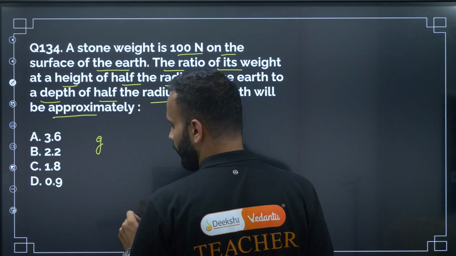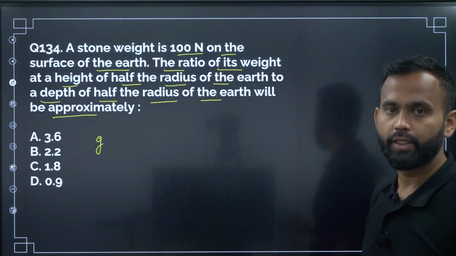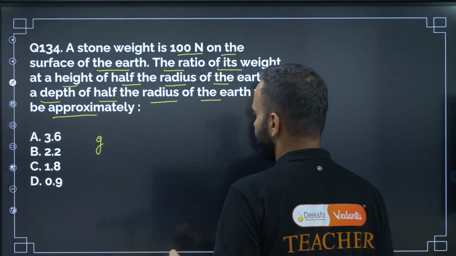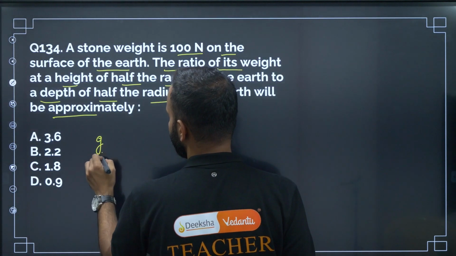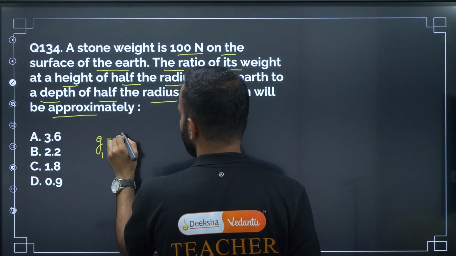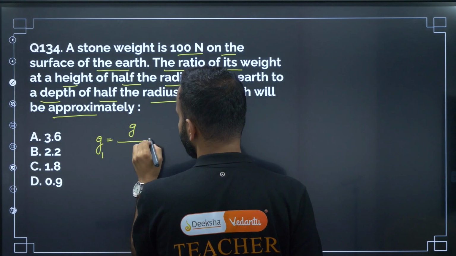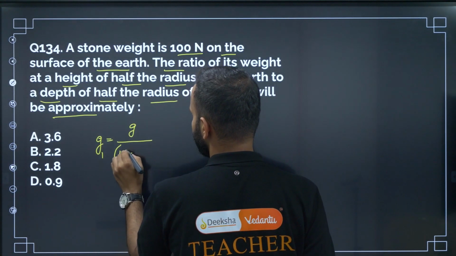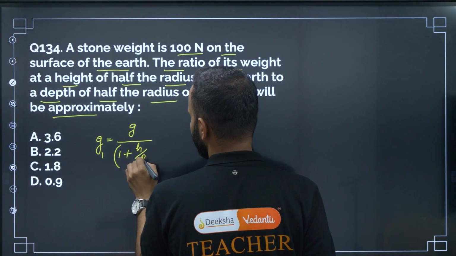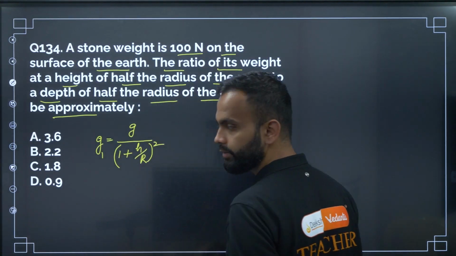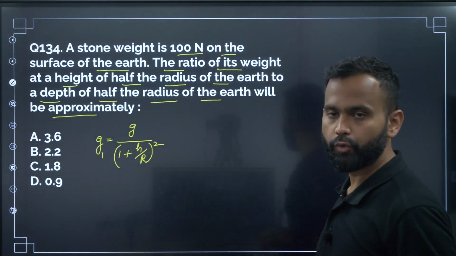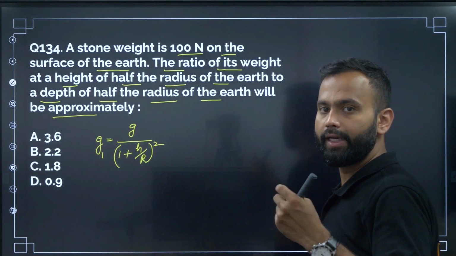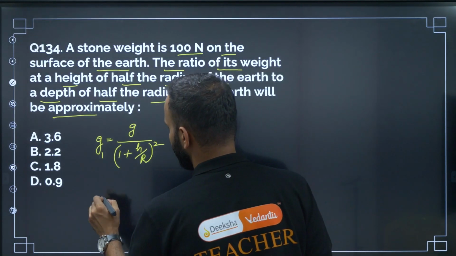So we know the formula of the acceleration due to gravity at height h above the surface of the earth, right? So g1 is equal to g divided by (1 plus h divided by r) squared, right? So this is the formula for acceleration due to gravity at height h from the surface of the earth.